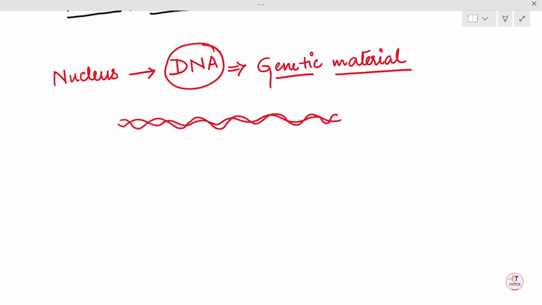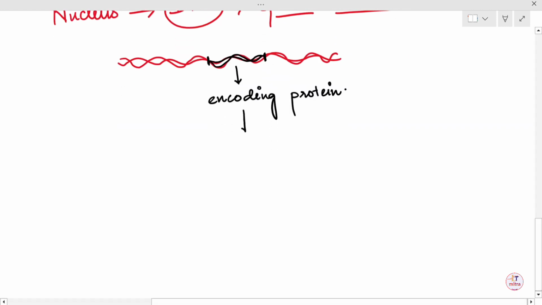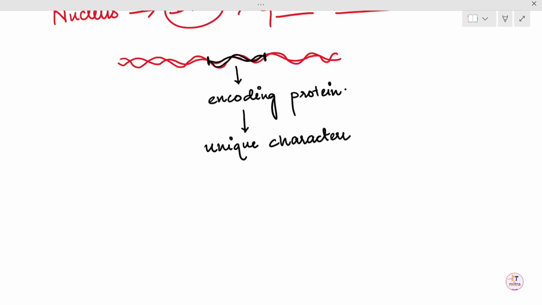Now, this is the DNA we all know. But there is some particular sequence, suppose from here to there. This particular sequence is responsible for encoding a protein, which gives a unique characteristic of a cell.